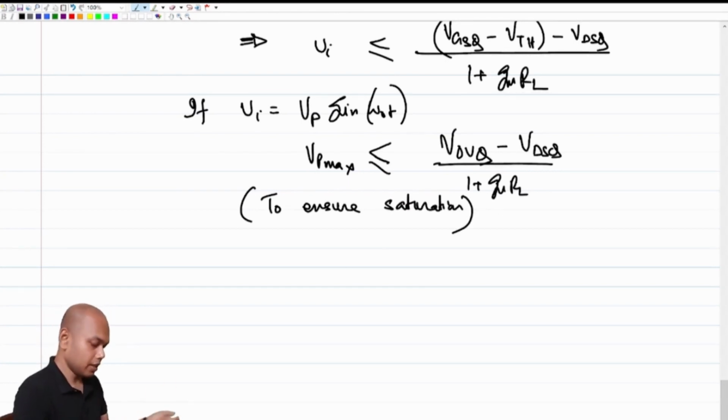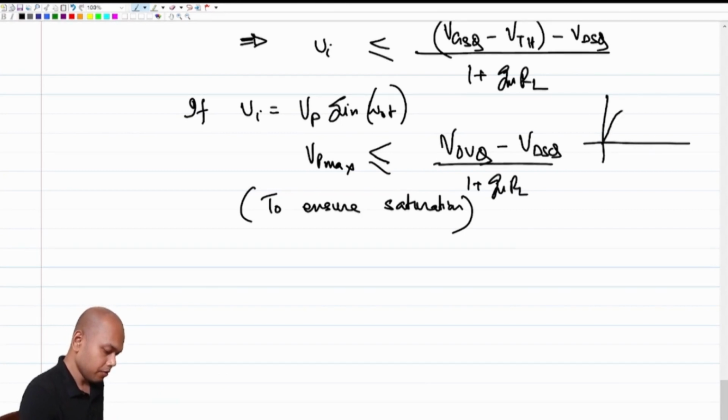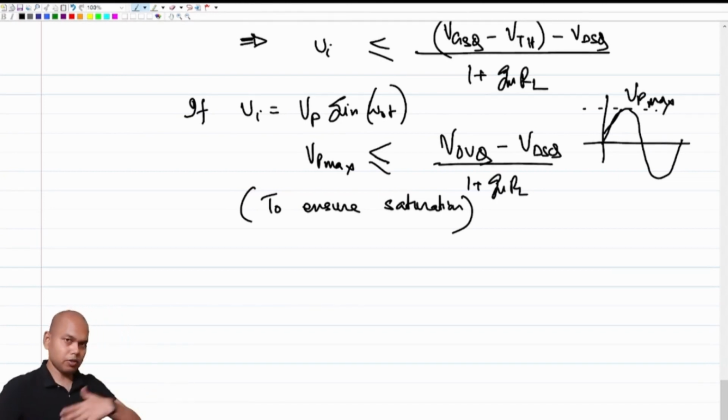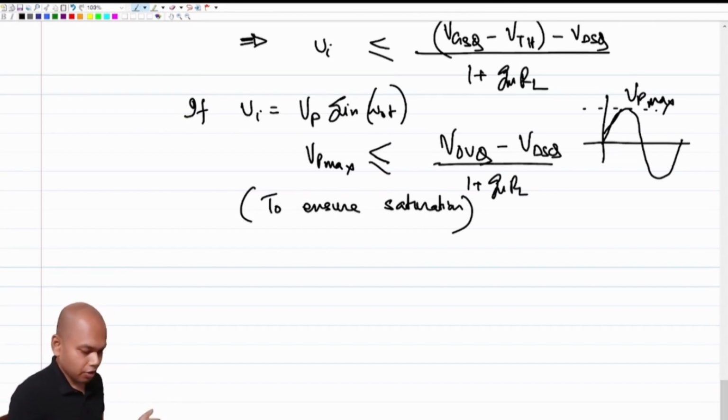So this is when the signal VI is here, right? So this is the max we are talking about. We are not talking about the bottom cycle, the negative cycle. We are only talking about the positive cycle, because the transistor can go out of saturation only in the positive cycle in case of a common source amplifier.